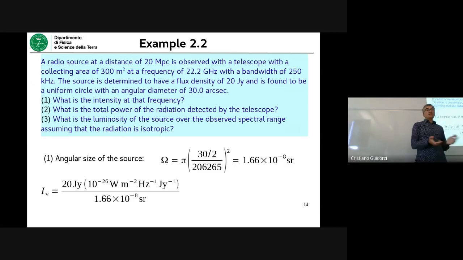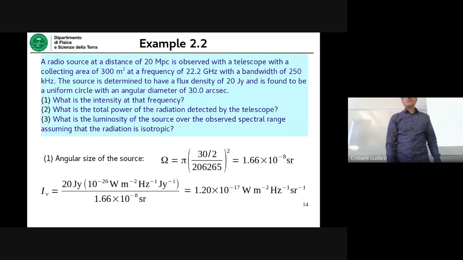So divided by the angular size of the source. I'm just going slowly, just to make sure, as I said, to be in control of the units of measure. So you find that this is just watt per square meter per hertz per steradian, which is exactly the unit of measure that you would expect for an intensity, just like that.